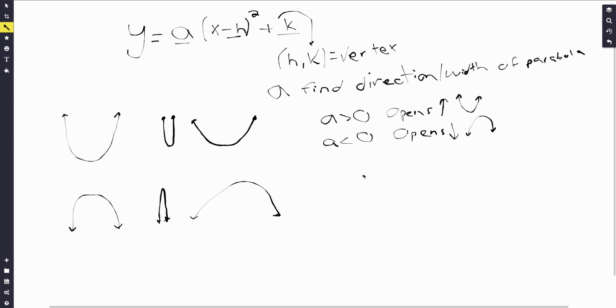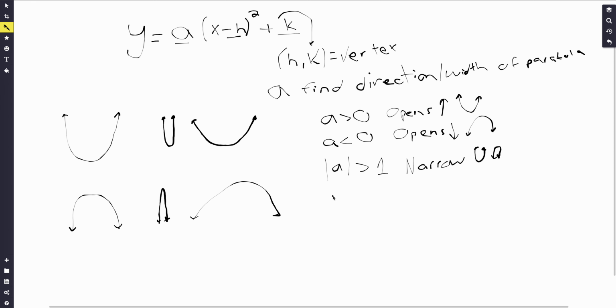Okay, the next thing you need to know is the absolute value of a. If it's greater than 1, it shows that the parabola is becoming more narrow. So it would be something like this, or this. As you can see, compared to these images right here, it's skinnier.